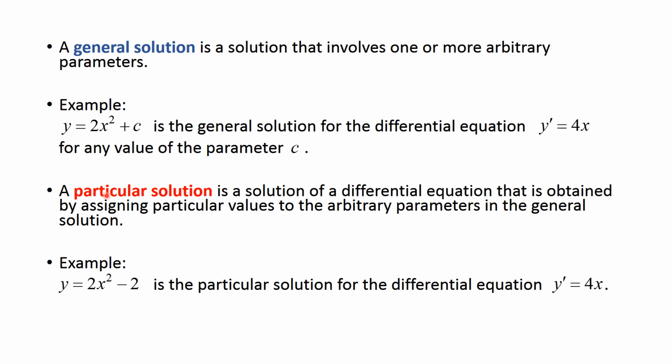So if we replace c by another number, let's say the number 10, then we say y equals 2x squared plus 10 is a particular solution for the differential equation y prime equals 4x.